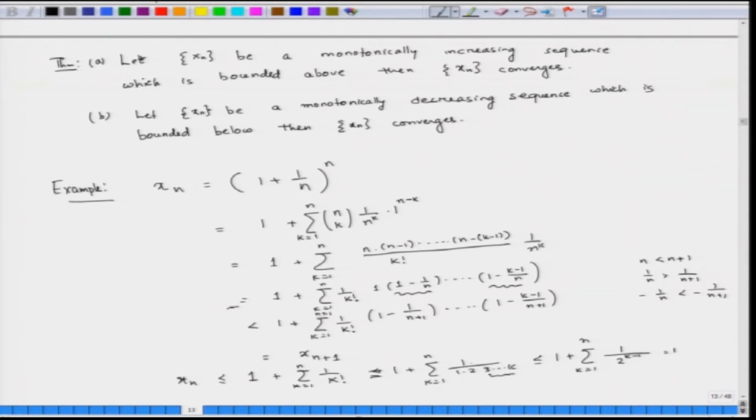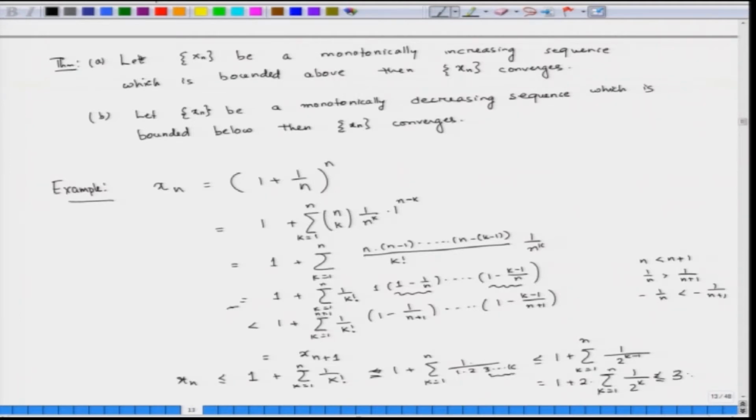So this is equal to 1 plus 2 times the summation over k from 1 to n of 1 by 2 to the power k. We know that this is a geometric series which converges to a finite number. One can show that this is less than or equal to 3.